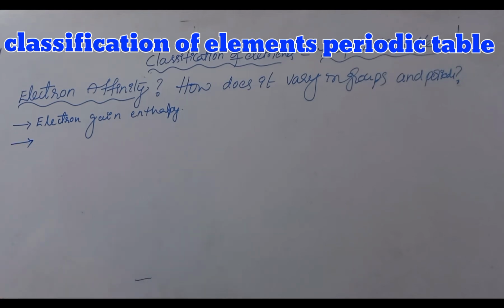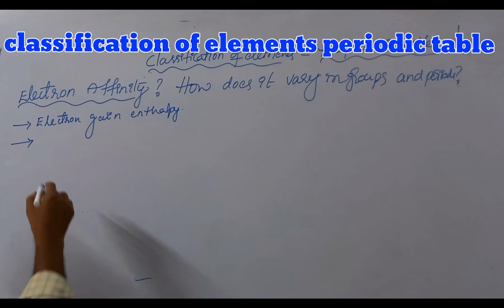In the previous video, we explained ionization energy: the energy required to remove an electron from the outermost shell of an atom in the gaseous state. So for removing an electron, the energy needed is ionization energy. But here, when an electron is added to the atom in the ground state, the energy released is called electron affinity.